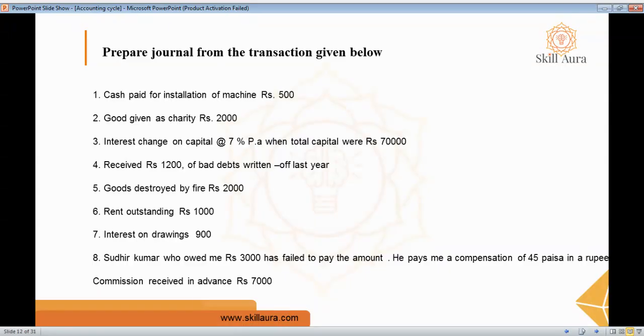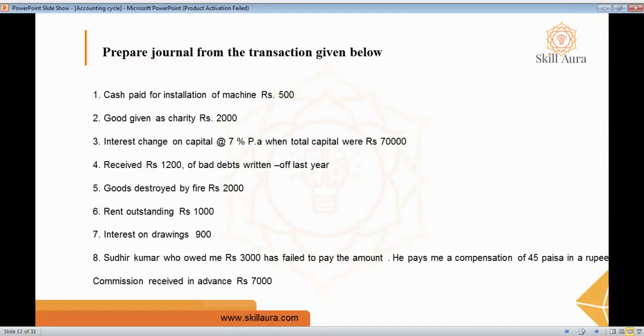So we'll credit the accounts receivable in the credit column with 3000 rupees. Here you have to understand the compensation expenses of 90% is 255 paisa, which is included in the 3000 rupees, and the remaining 10%, 45 paisa, you have to consider as cash.